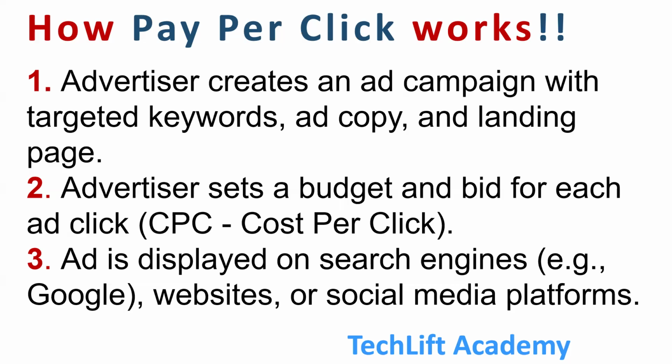Number one, we are done with that. And then also, we need to understand what we call the budget. And it comes from the CPC. Advertisers need to set a budget and bid for each advert. So how much are you going to pay?